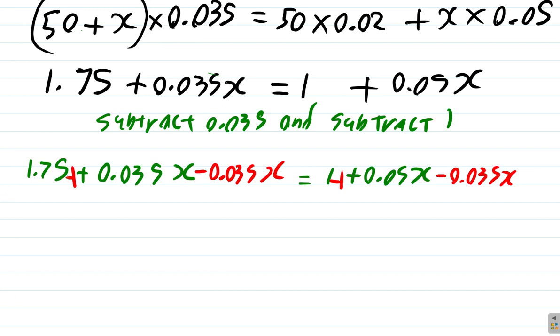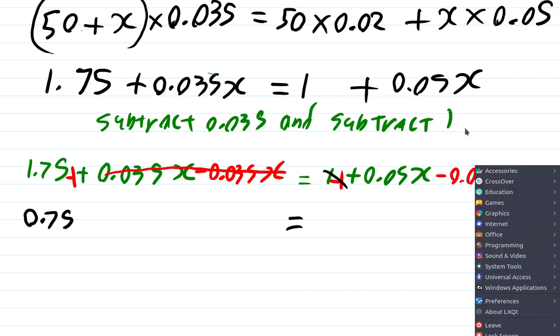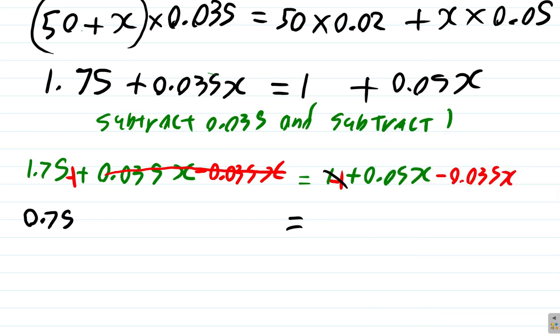1.75 minus 1 is 0.75. 0.035x minus 0.035x, that's gone. See that? Equals 1 minus 1, that's gone. That's 0. Then we say 0.05 minus 0.035.